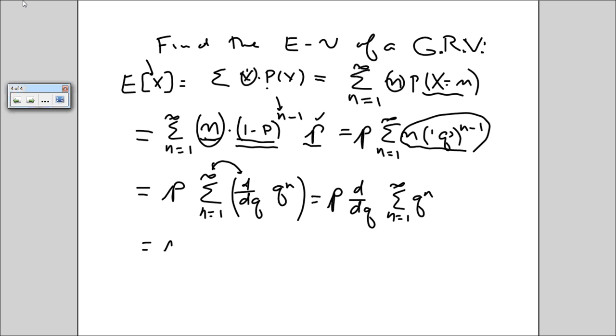So this is equal to p times the derivative of that. Well, that's just 1 over 1 minus q. The summation from 1 to infinity of q to the n, a geometric series, is 1 over 1 minus q. Well, there's the p in front.